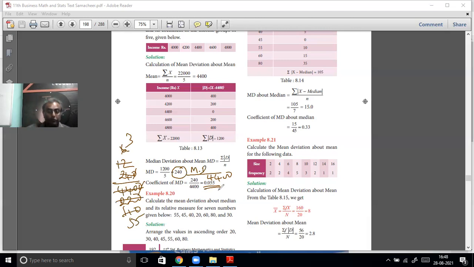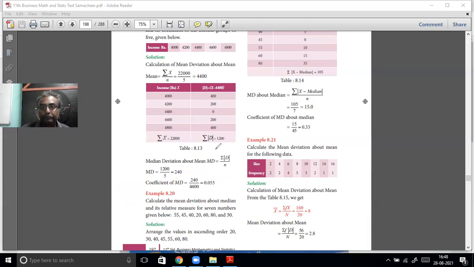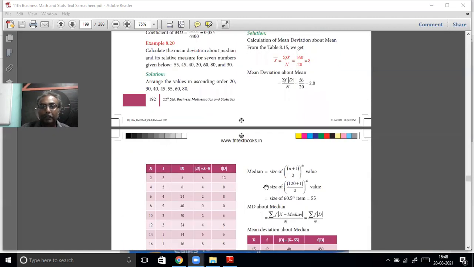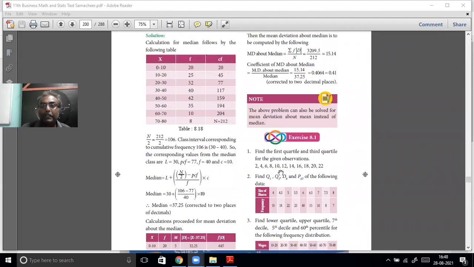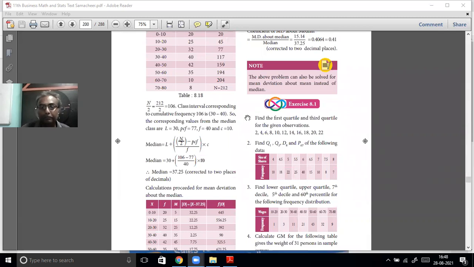We are not able to do example 8.2. Only 3 minutes are left here. So do sum number 1. All these examples we'll do later. Exercise 8.1, do first sum.